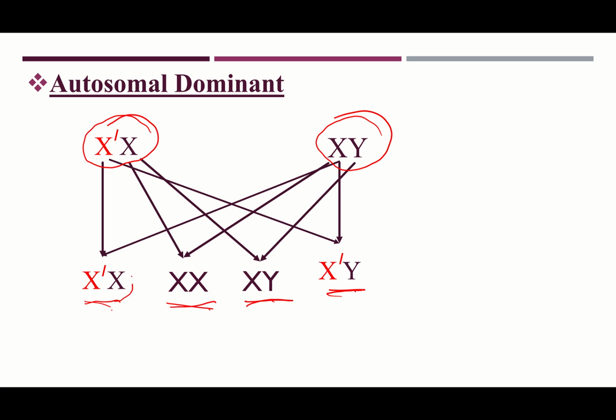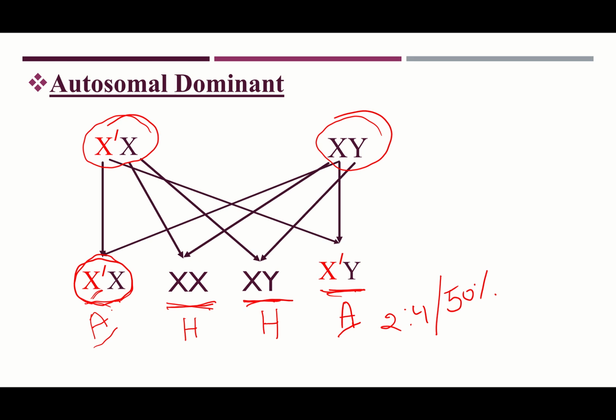So the first result here, since it's a dominant condition, a single gene mutation is enough to cause the disease. This one here is affected. This one here is healthy. This one also healthy. This one again affected. So we can say that 2 out of 4 or 50% are affected.